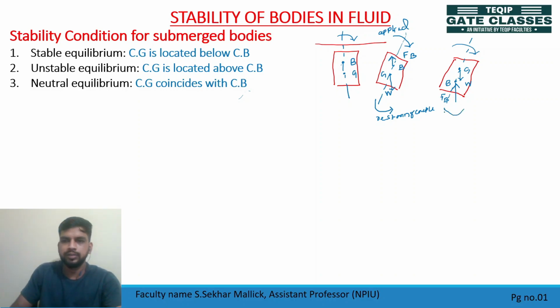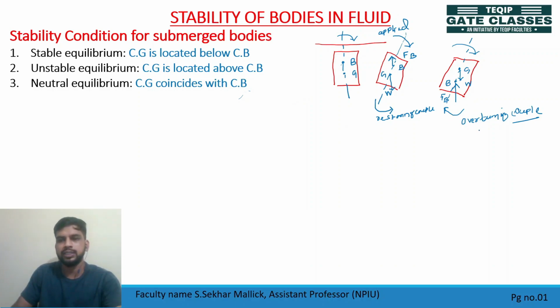This couple is in the same direction as the applied torque, so it will overturn the body. This is the overturning couple. So when the center of buoyancy is below the center of gravity, there will be an overturning couple and the body will try to move further.